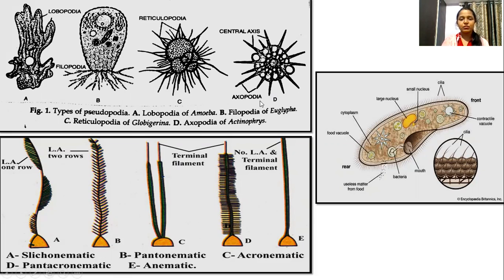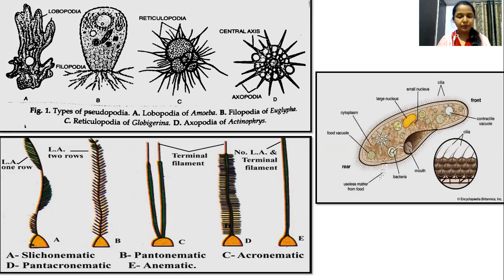Next is the axopodia. The axopodia are semi-permanent. As I was explaining, pseudopodia are temporary structures, but in case of the axopodia, unlike the other pseudopodial structures, these are semi-permanent structures. The axopodia are quite long, stiff, thread-like structures formed out of the ectoplasm with a hard central axis.